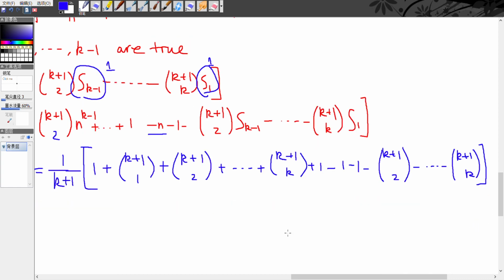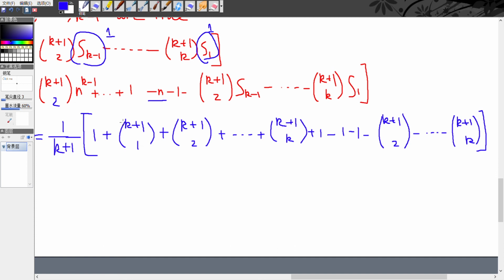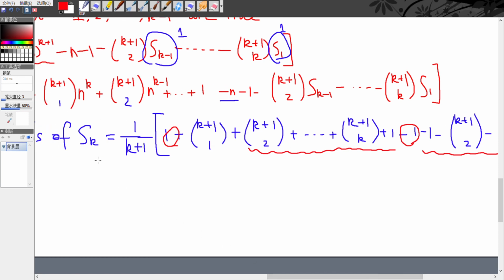By eliminating all the binomial coefficients right here, from here to here, with here to here, and the minus 1 term cancelled, we are left with 1 over k plus 1 times the binomial coefficient (k plus 1 choose 1), which is just 1.